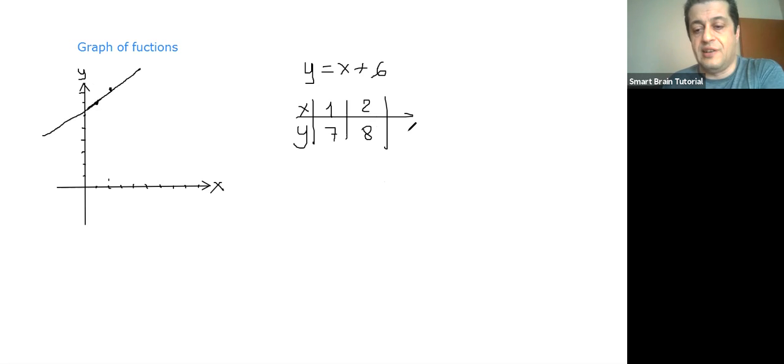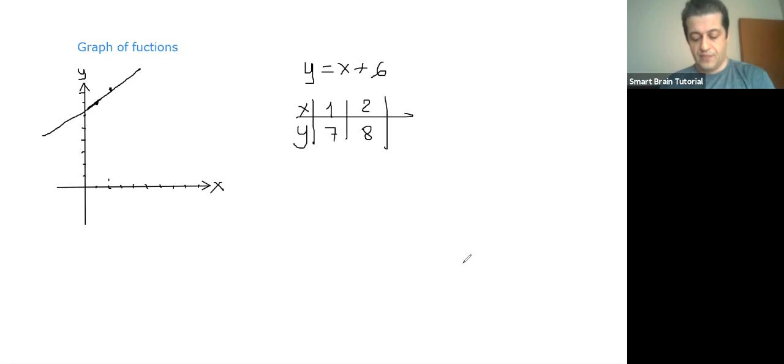So this is a linear graph. We have many kinds of graphs: linear, exponential, quadratic, which is a parabola, and inverse function, which is a hyperbola, and so on.